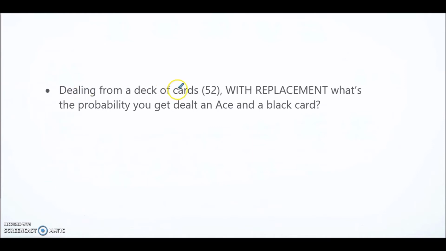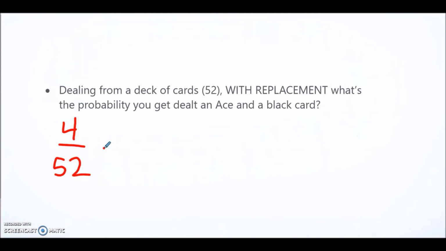How about this? Again, with replacement, what's the probability you get dealt an ace and a black card? So first card, we want an ace. There are 4 aces in a 52 card deck. We give that card back to the dealer, and then we say, okay, now we want a black card.